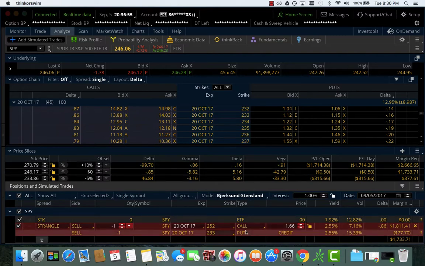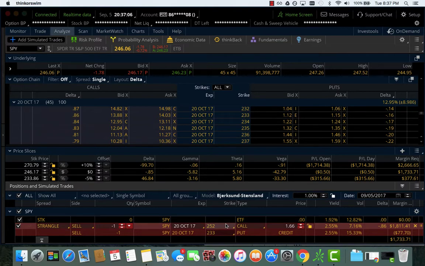So what that means is if SPY gets up to 252, we're going to add this trade to our data set, but we're going to do nothing about it, right? As well as if it goes down to 232, we will just note it. So again, that's what our call or put being tested means. If the price of the stock gets to the strike price, that means that option is being tested, right? So that's what we did.